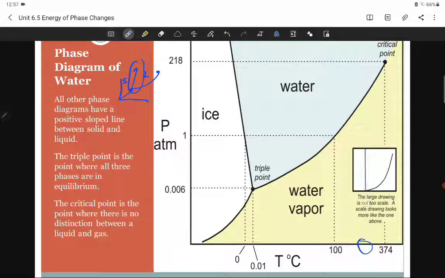Another scenario: if you went up to the top of Mount Everest, the pressure is much lower. There are no increments on here, so we're not really sure where this number would be on this graph, but let's just say it was there. So water would boil at that temperature.